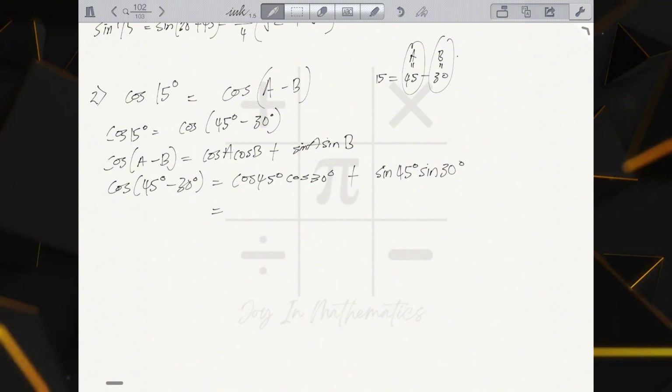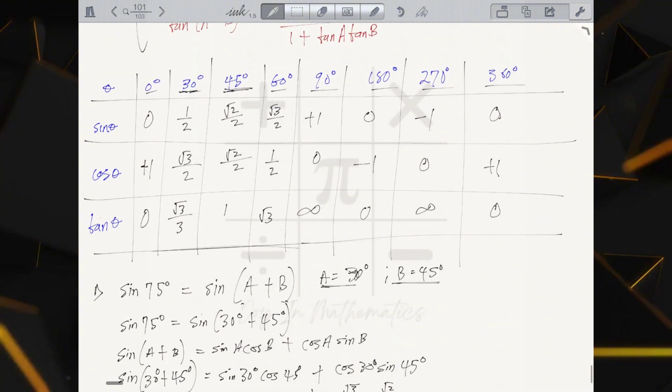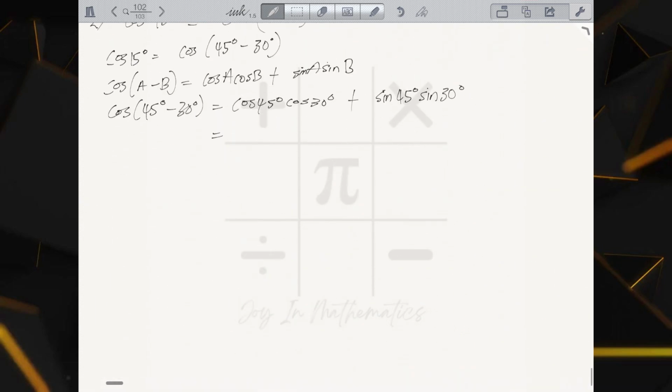Now, to get all these special angles, we go back to the table and we see that sine 45 degrees is root 2 over 2, cos 45 degrees is root 2 over 2, sine 30 is 1 over 2, and cos 30 is root 3 over 2. So using those four answers, let's simplify further. So cos 45 is root 2 over 2, cos 30 is root 3 over 2, and we have sine 45 also to be root 2 over 2, and sine 30 to be 1 over 2.